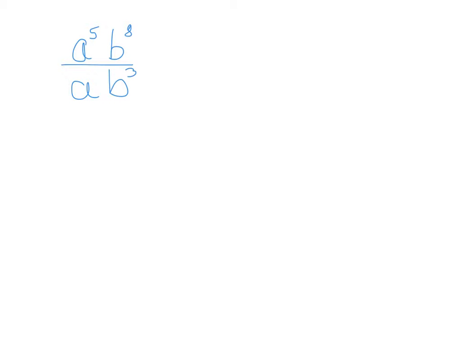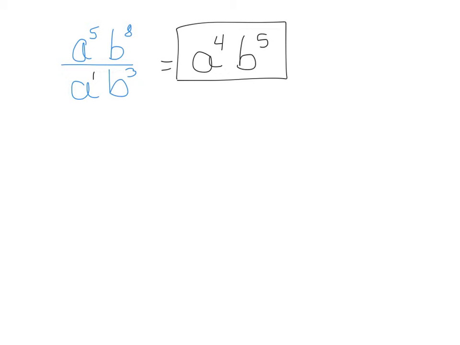And of course, if it just says a, that means it's a to the 1st. So this is going to give me a to the 5 minus 1, which is a to the 4th, and b to the 8 minus 3, which is b to the 5th. So in this particular one, there's nothing left on the bottom of that fraction, so that's the whole answer.